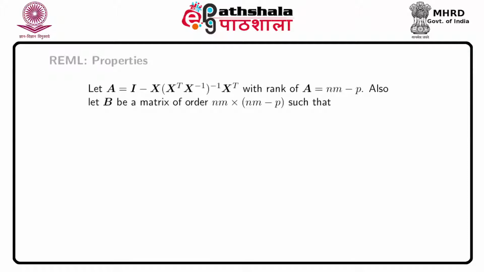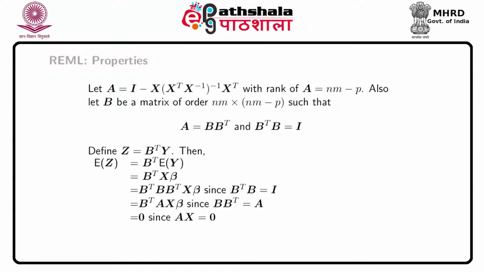And this, if we remember correctly, is the denominator for the residual sum of squares, this N minus p. Okay, so what is happening here? Assume that B is a matrix of order N into N minus p, such that A is equal to B B transpose and B transpose B is equal to identity.